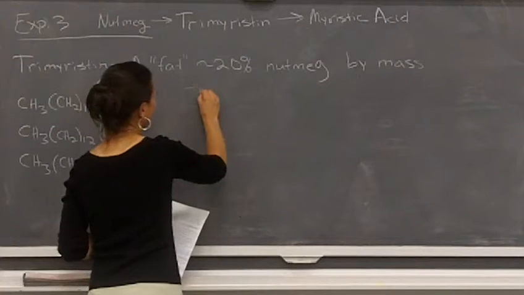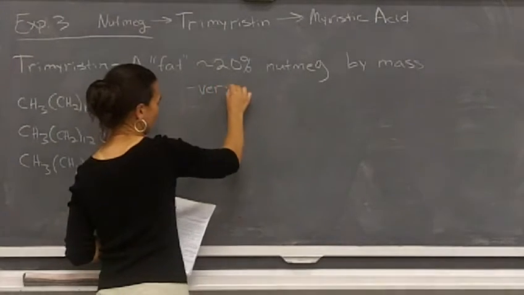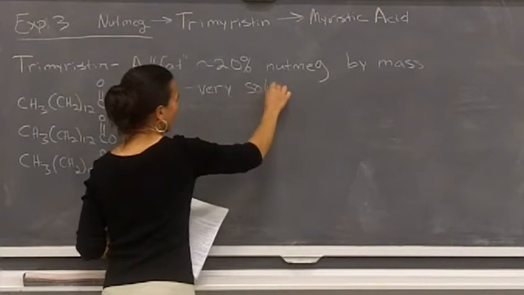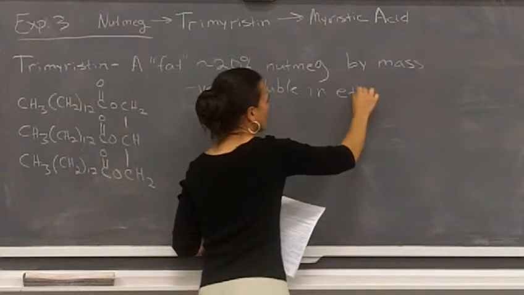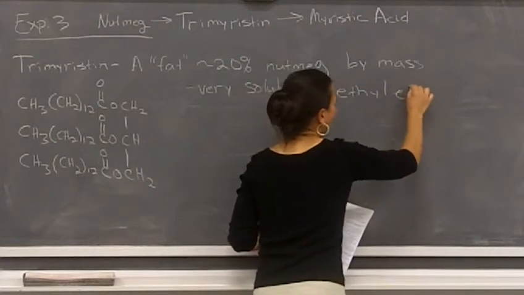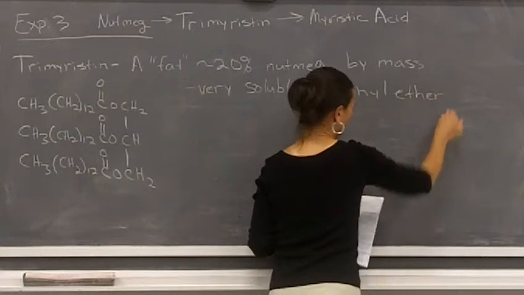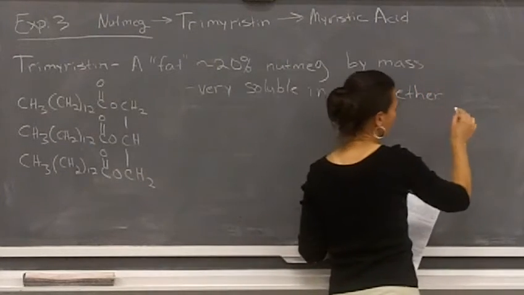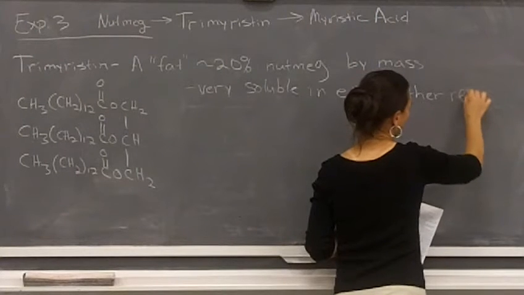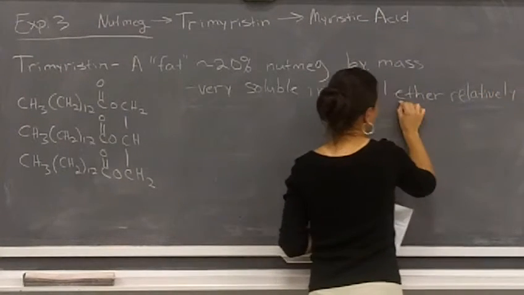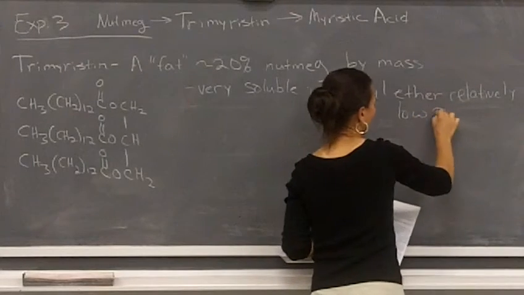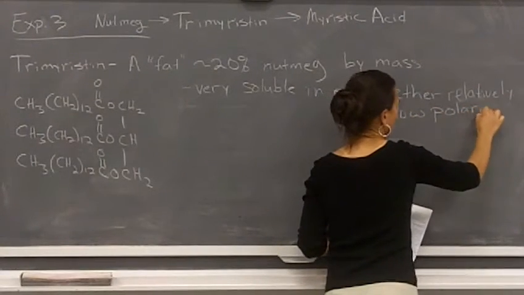It is very soluble in ethyl ether. So we'll talk about how we'll use that. And ethyl ether is a relatively low polarity solvent. It has low polarity, as does this compound.